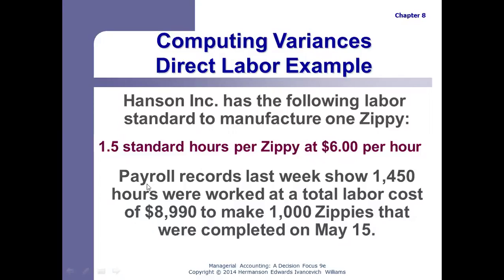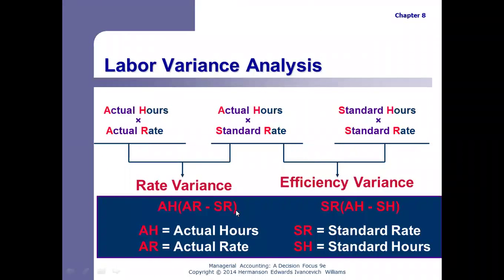Anyway, the actual records showed 1,450 hours were worked. The total cost was $8,990, and they made 1,000 zippies. Okay, so just like before, let's take a look at again the labor rate variance analysis.